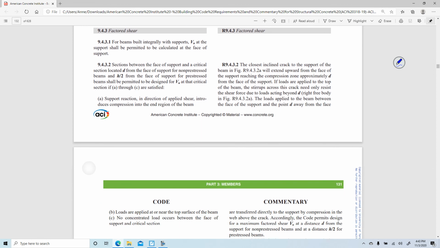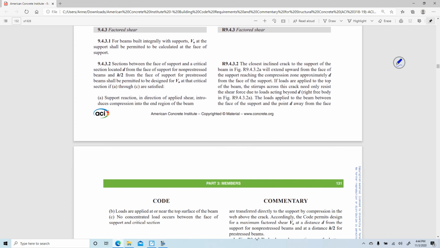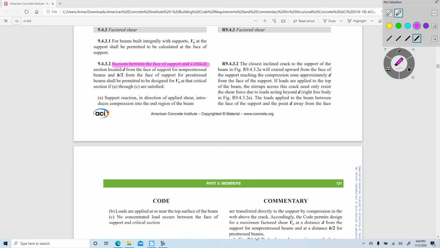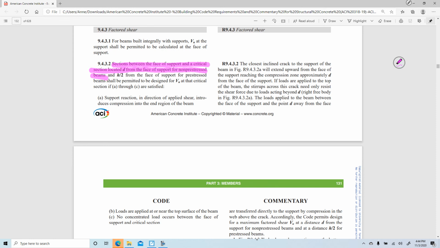For your factored shear, sections between the face of the support and the critical section located d from the face of the support shall be permitted to be designed for Vu at that critical section, for non-prestressed beams, if (a) through (c) are satisfied.